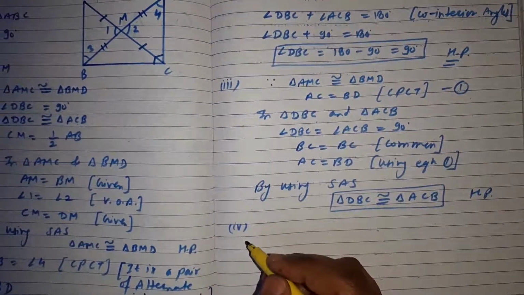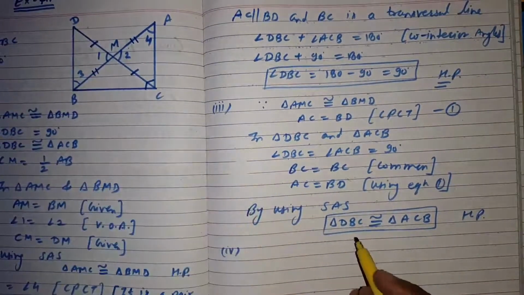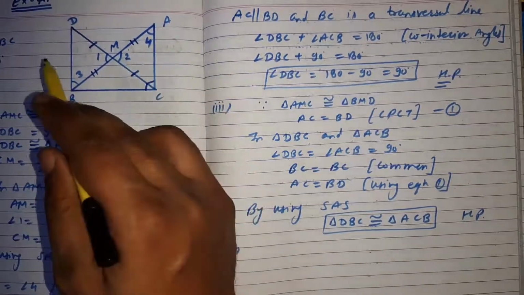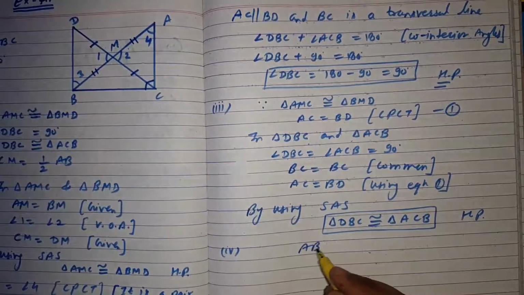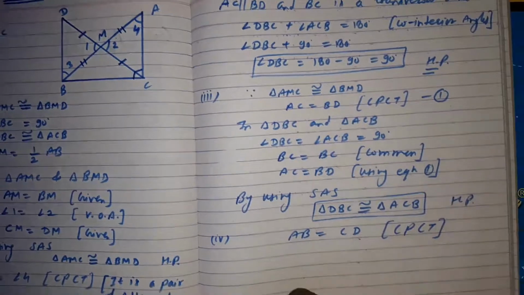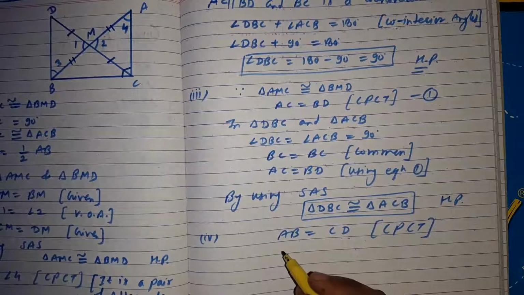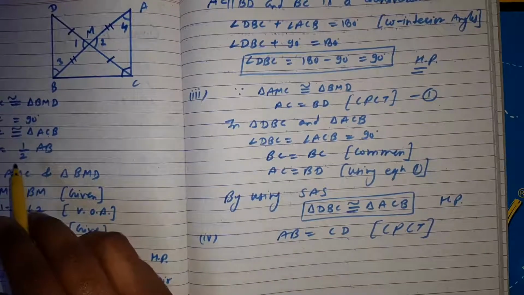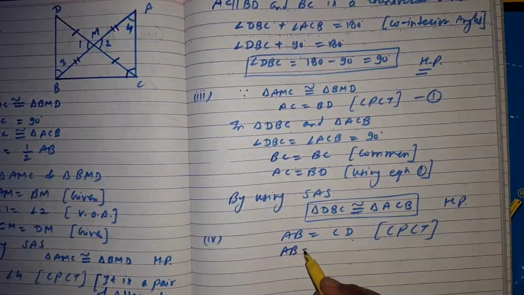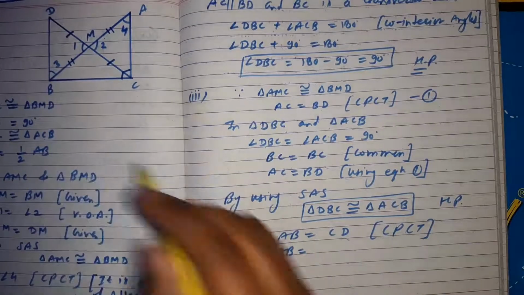CM is equal to half of AB. Now two triangles are congruent, so its corresponding parts AB is equal to CD by using CPCT, corresponding parts of congruent triangles. Now we have to prove that CM is equal to half of AB. So AB will remain as it is. CD we can write as CM plus DM.